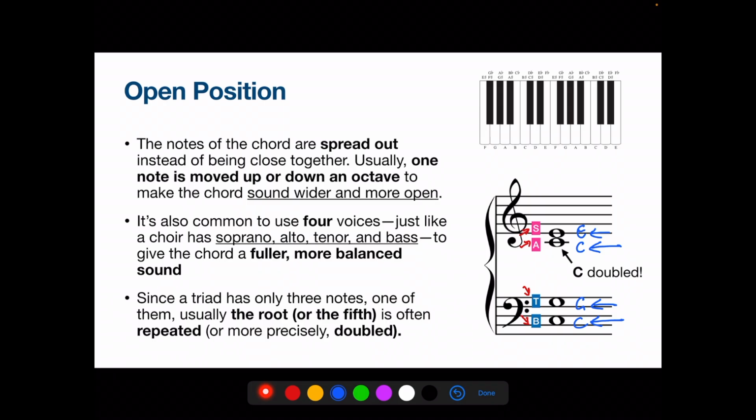Before, what we had in a closed position was something like, let's use green, C, E, G. That's this thing. But now what we are using is C, G, C, and E. That's what it sounds like. Okay, so that is open position.